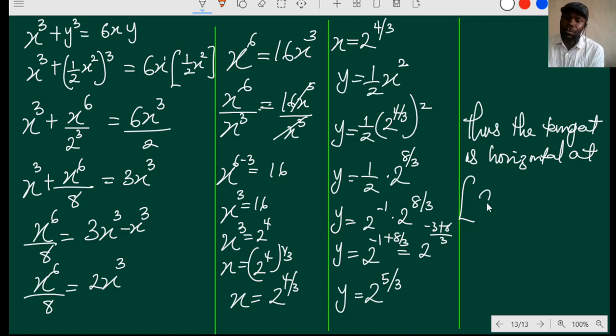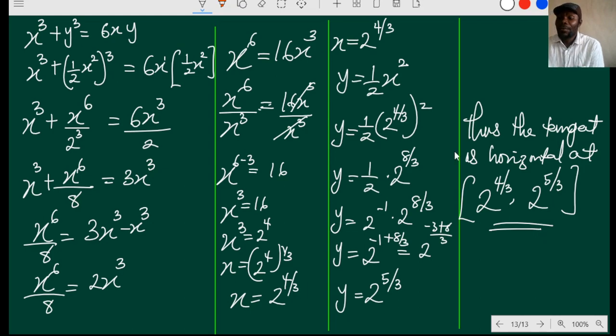The first point is 2 raised to the power 4 over 3, and the second point is 2 raised to the power 5 over 3. This is exactly where the tangent is horizontal.